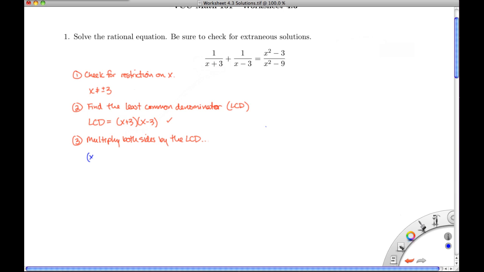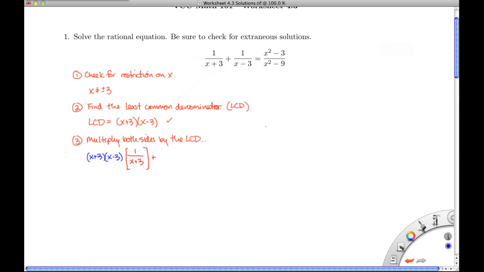So I'm going to take x plus 3 times x minus 3, and I'm going to multiply that by our first term, which was 1 divided by x plus 3. And we're going to repeat this process for each term.